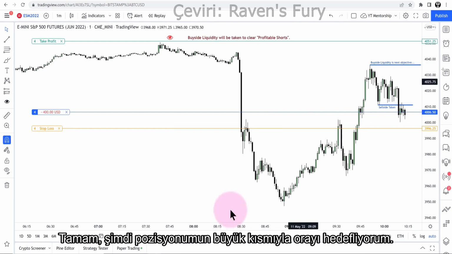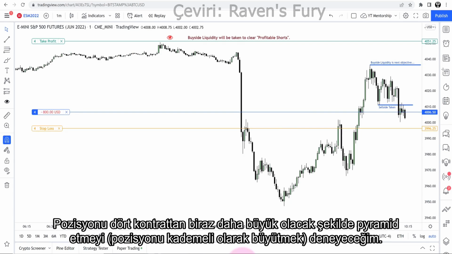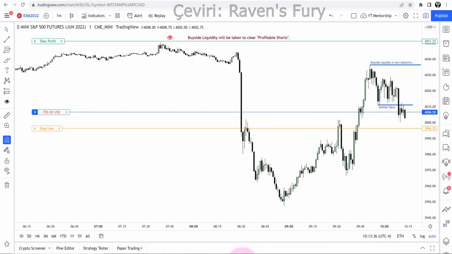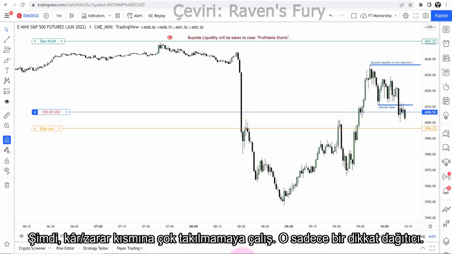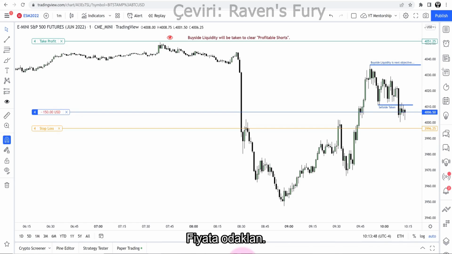All right, so I'm reaching for that. Now, the bulk of my position, I'm going to try to pyramid and build this position a little bit bigger than just the 4 contracts, but we'll see what it gets. Now, try not to worry about that profit and loss. That's a distraction. Pay attention to the price.